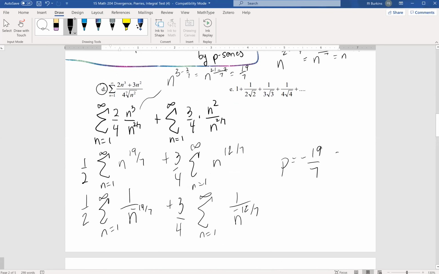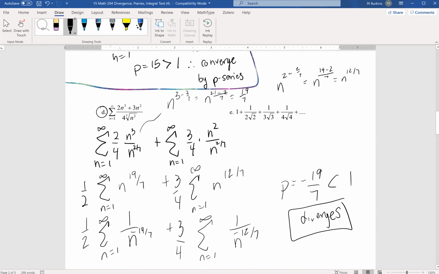It's less than 1. So this diverges. And just like I told you guys earlier, if one piece of the original diverges, then I don't care what the other one does, which also in this case diverges. The original automatically diverges.